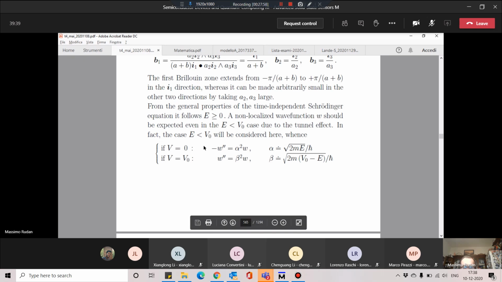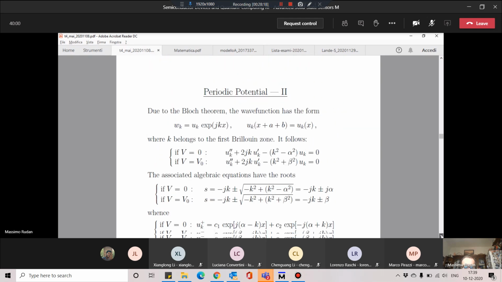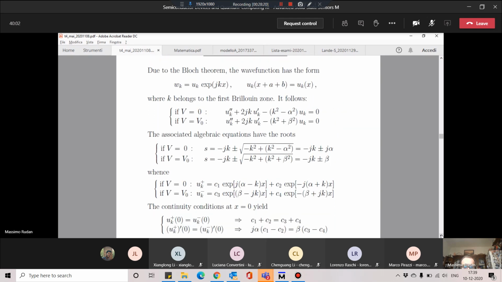Now, in order to proceed, since we know the form of the solution, we take separately the form of the Schrödinger equation that applies where the potential is 0: minus second derivative of w equal to alpha squared w. And then we take the other expression and we replace w with the product u times the exponential, okay?